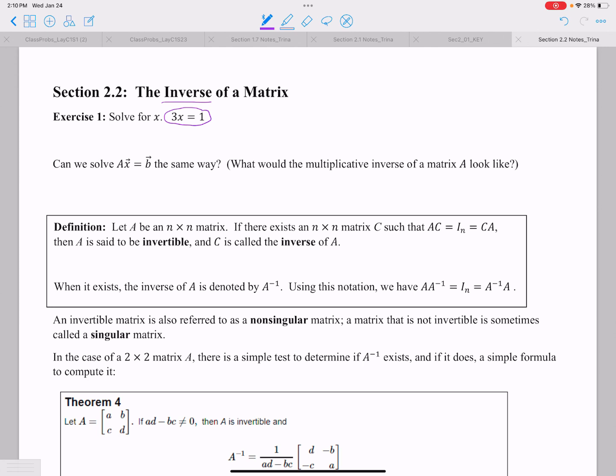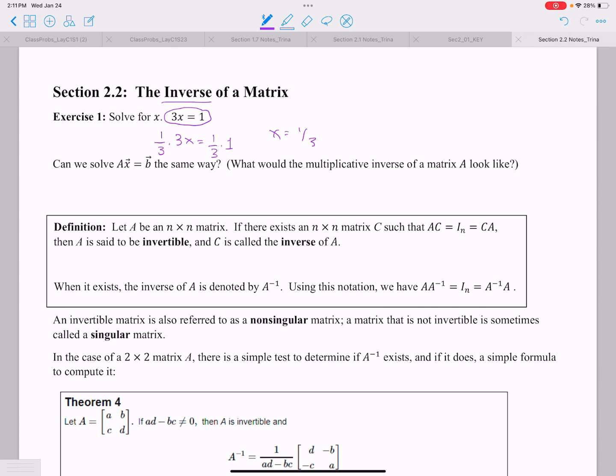Or you can think of multiplying by the multiplicative inverse on both sides. And then you get x equals 1/3. So just think of multiplying by the multiplicative inverse to undo that 3.